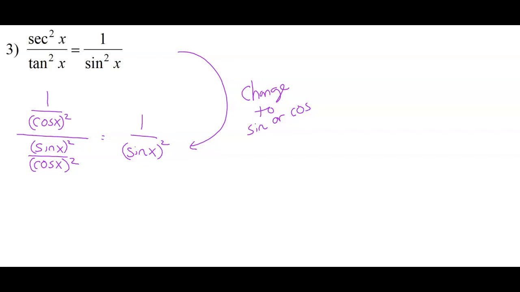Okay, next step, we want to simplify our complex fraction. So I'm going to multiply the top and the bottom by cosine of x squared. Okay. So in that case, these are going to cancel, and these are going to cancel, and I'll be left with 1 over sine of x squared equals 1 over sine of x squared.